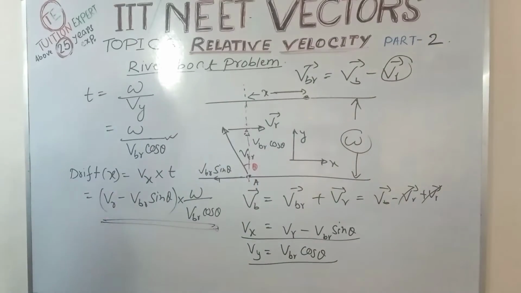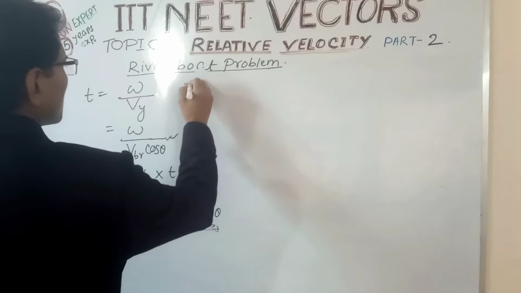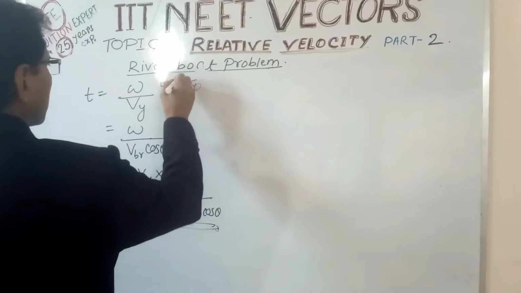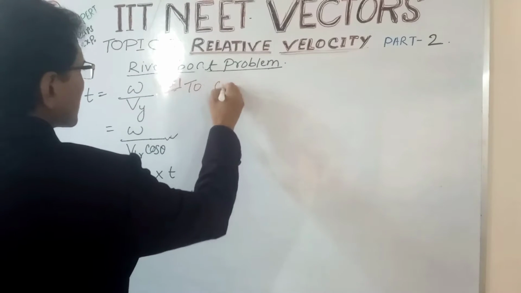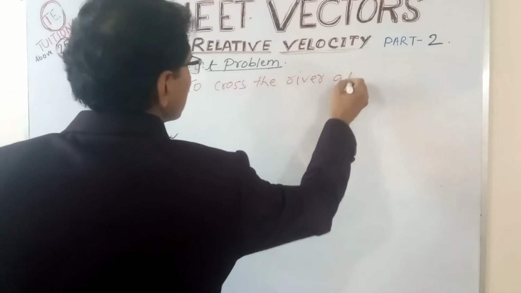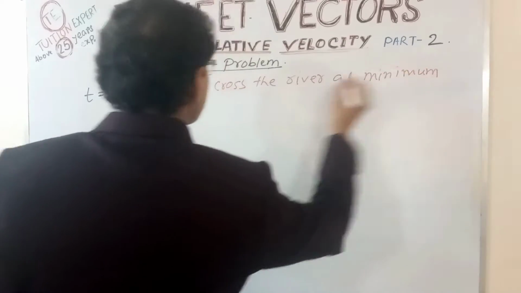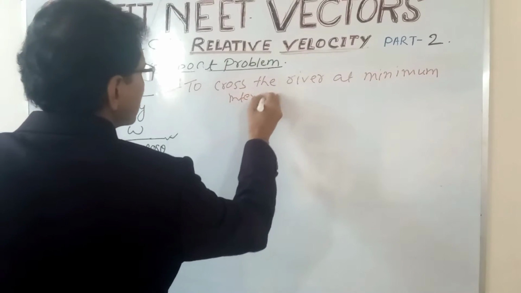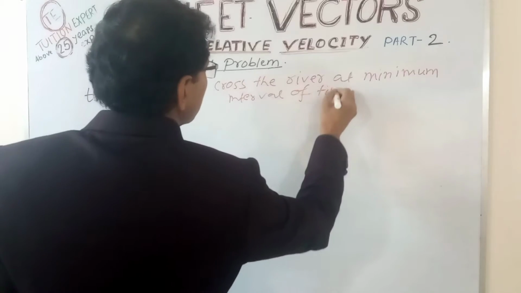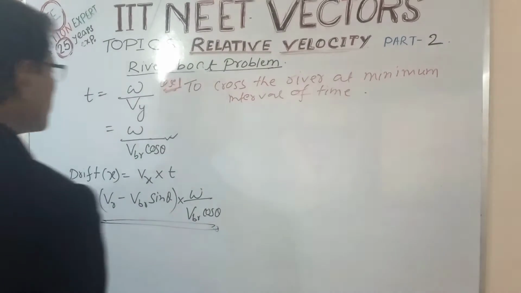Now the special condition arises. Two cases arise. First case, to cross the river in minimum interval of time. So time should be minimum.